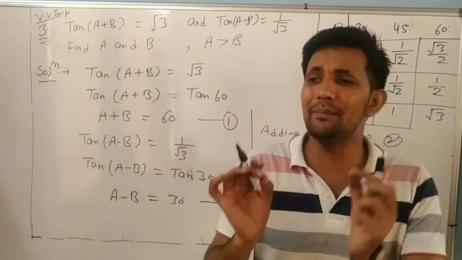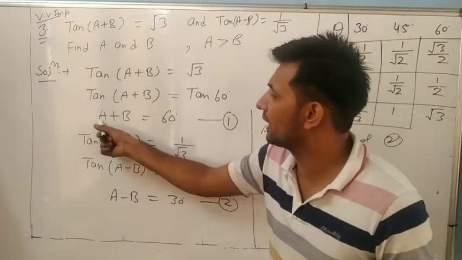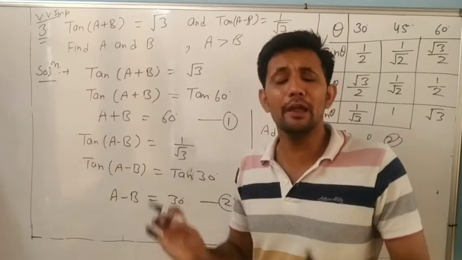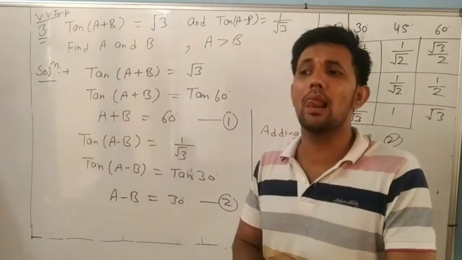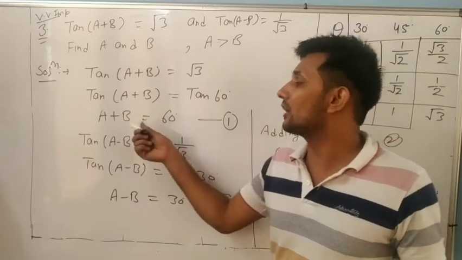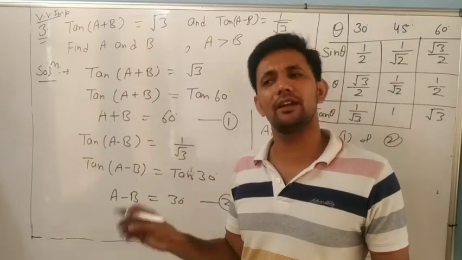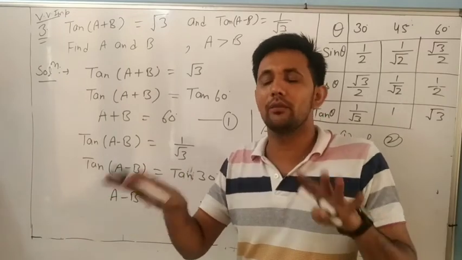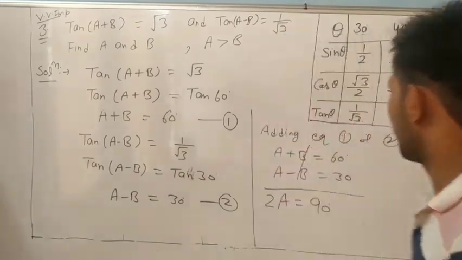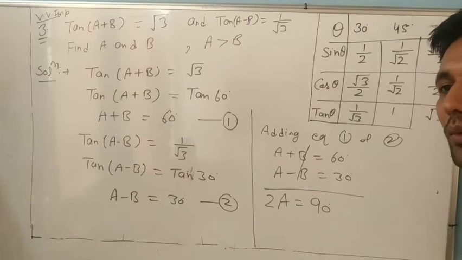Dear, in the elimination method, first we will make the coefficients equal. If the coefficients are equal, then we will check whether we have to add or subtract. Either you add or subtract, definitely one variable is removed. So look, 2A equal to 90.